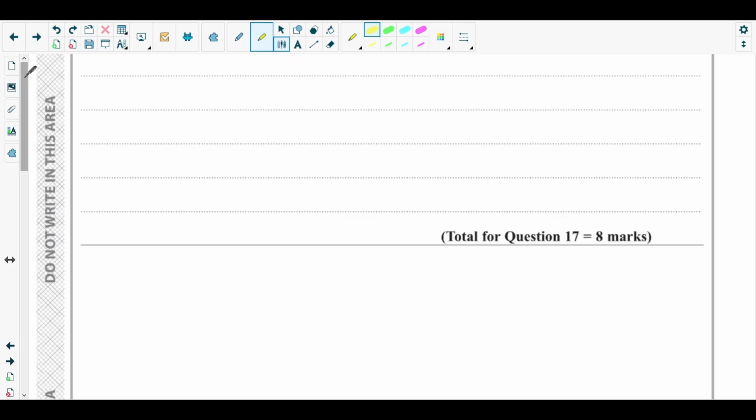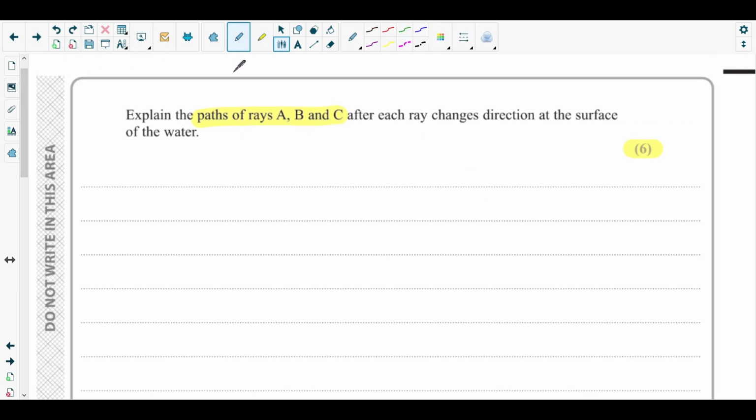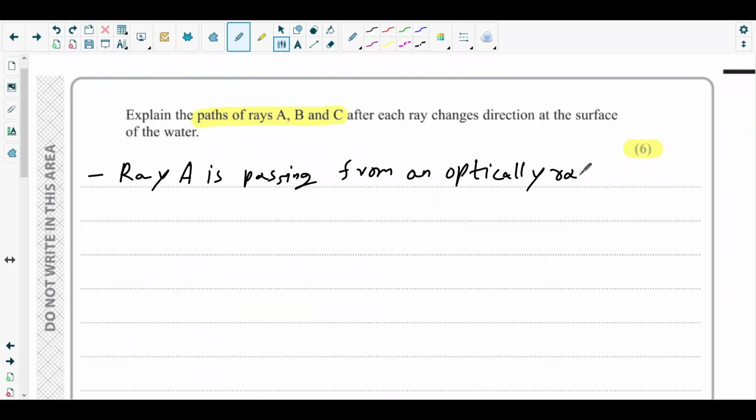So the first point we can tell about ray A is that ray A is passing from an optically rarer medium to an optically denser medium.